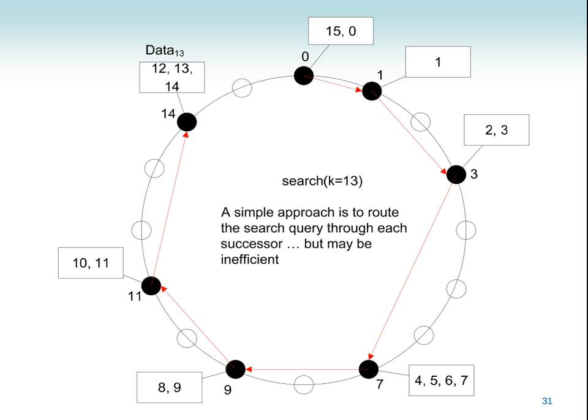And in this case, the routing table stores a route, that is the IP address of the next node in the network.